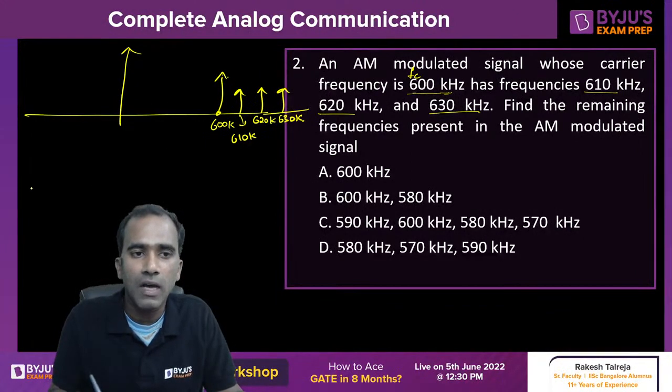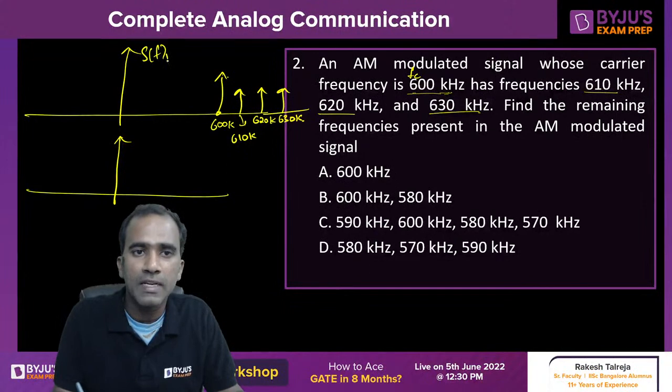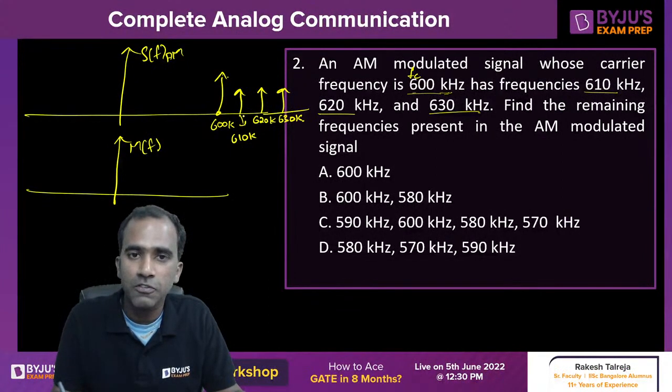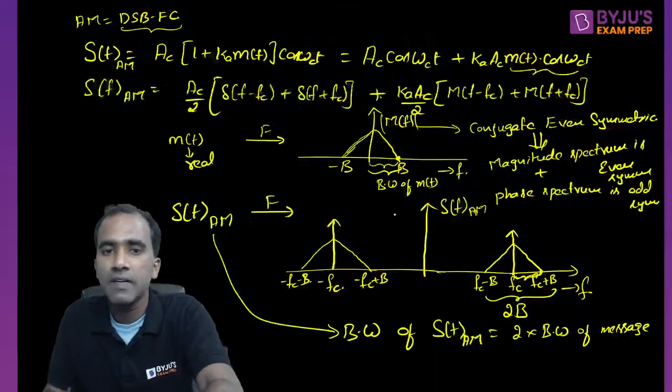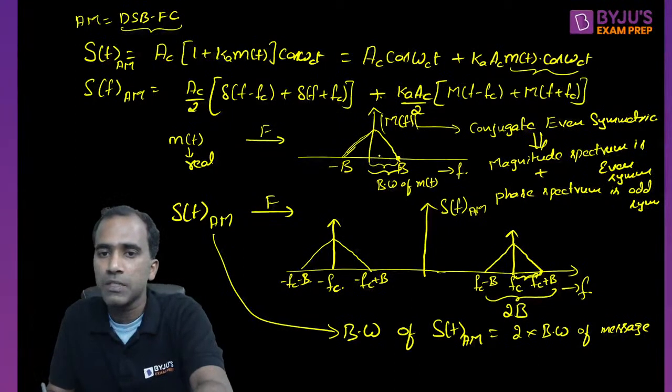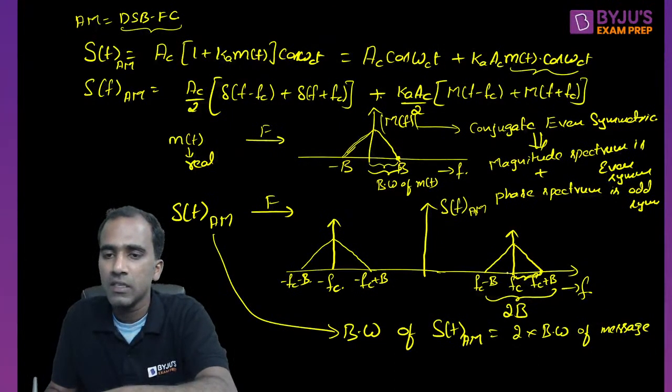Or I can also analyze it this way. If this is the partial spectrum of the AM modulated signal, what would be the spectrum of the message? 610 kilohertz is because of shifting the spectrum of the message by 600 kilohertz, correct? Message spectrum shifted towards the right side by FC, we get this spectrum.